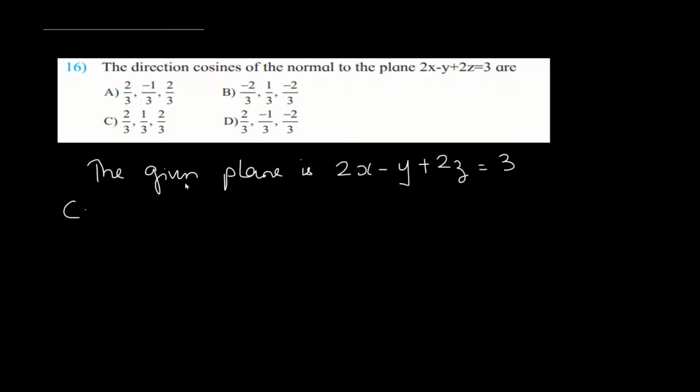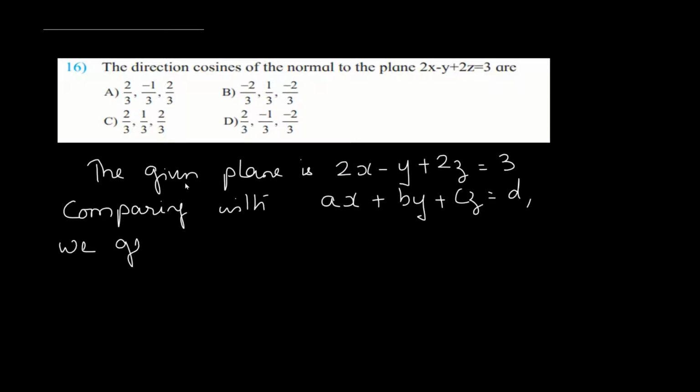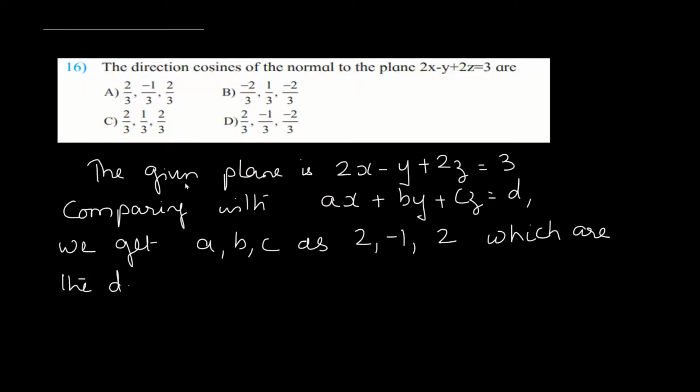So comparing this with ax plus by plus cz is equal to d, we get a, b, c as 2, -1 and 2, which are the direction ratios of the normal to the plane.